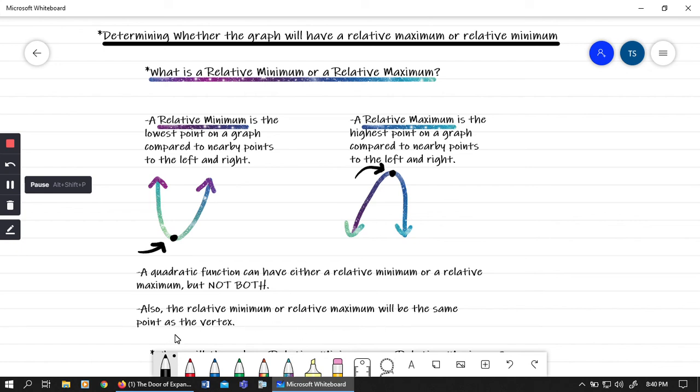And something else that you need to make sure that you know is that a quadratic function can have either a relative minimum or a relative maximum, but it cannot have both. It has to be either one or the other, not both. And again, whatever that relative minimum or relative maximum is, that's going to be the exact same point as the vertex.